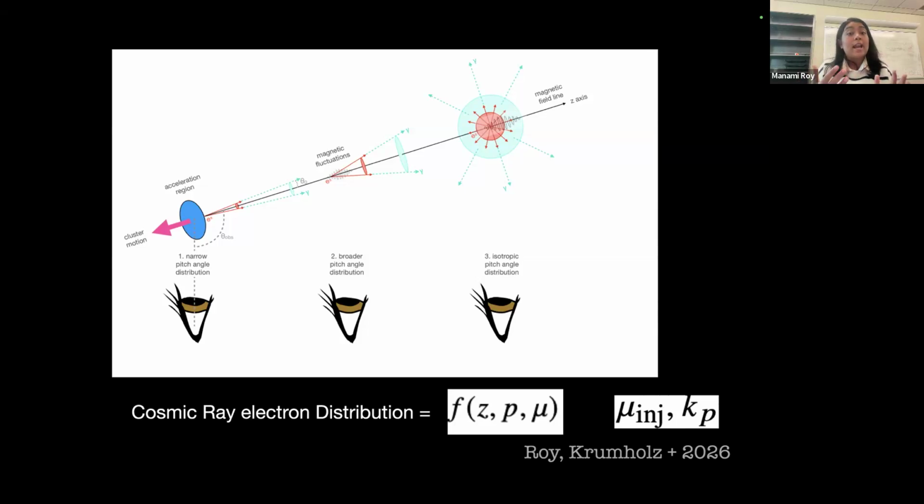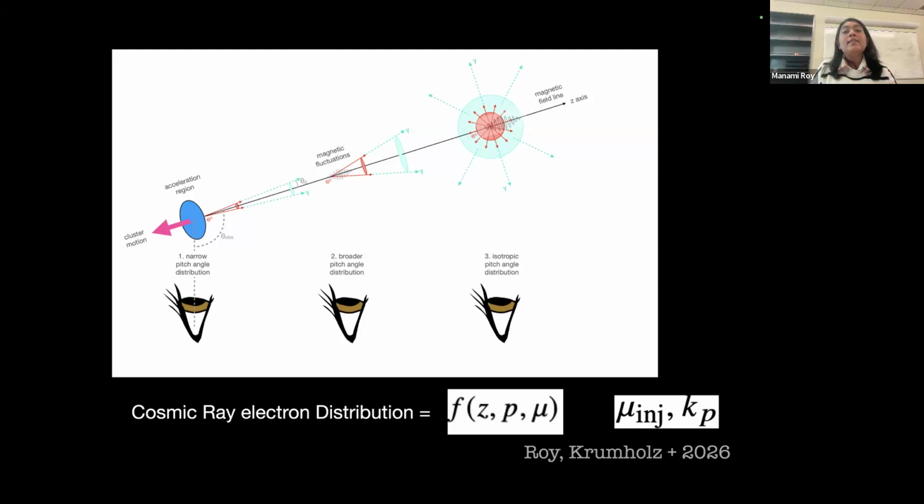But if they escape anisotropically through this magnetotail, in a small cone, then before they can cool off, low energy cosmic rays, which cool off more slowly than the high energy cosmic rays, can be isotropized. High energy cosmic rays cannot be isotropized before they cool off, because they cool off very easily. If the energy is bigger, they cool faster. So you can retain the anisotropic behavior from the acceleration region, and you can observe this anisotropy a little farther down the magnetotail of this globular cluster.